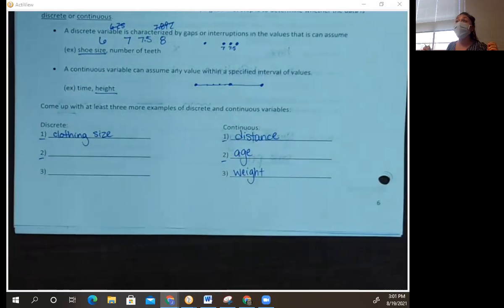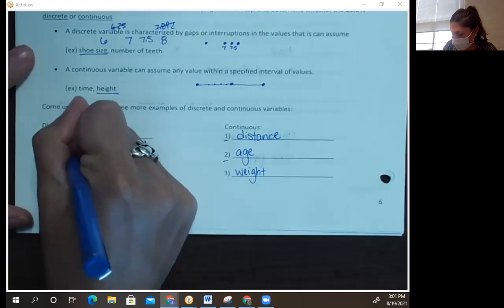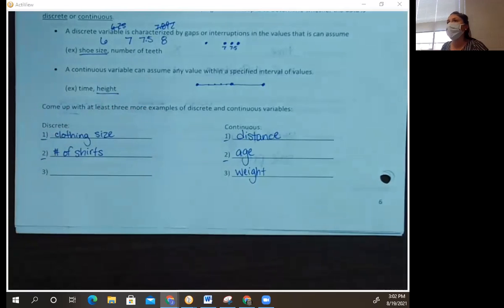Anybody have another discrete variable for me? Number of shirts? It's got to be a whole number, right? It's a shirt or it's not a shirt, right? Well, you can have 17 shirts or 18 shirts, but not 17 1/4.